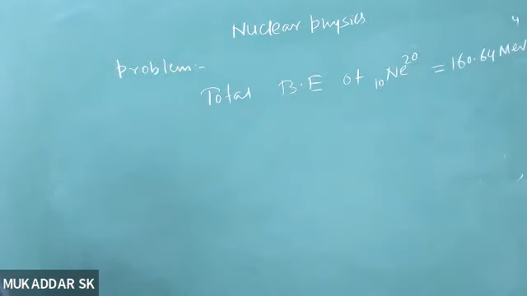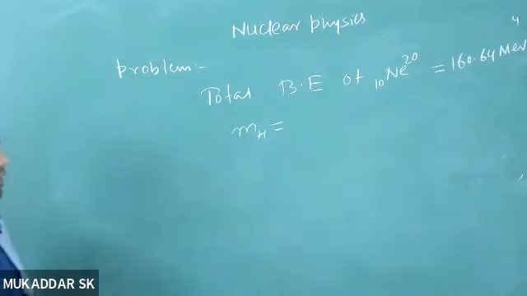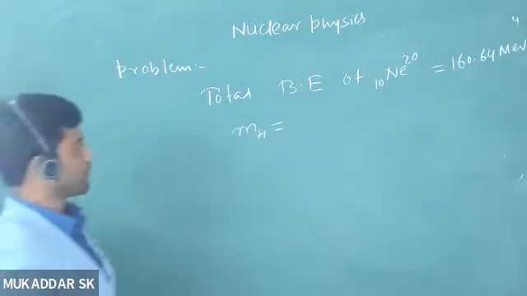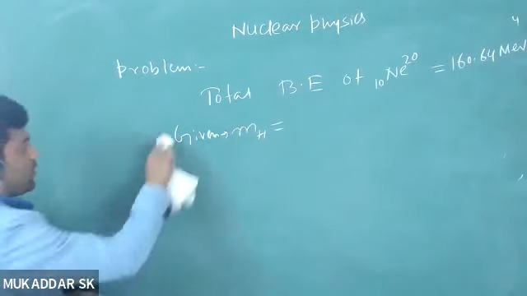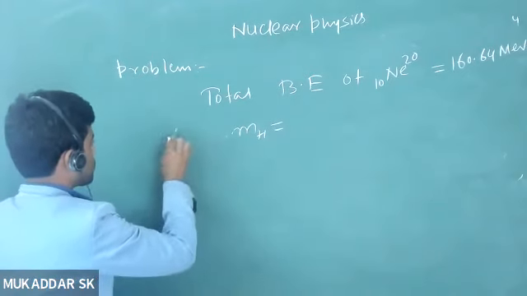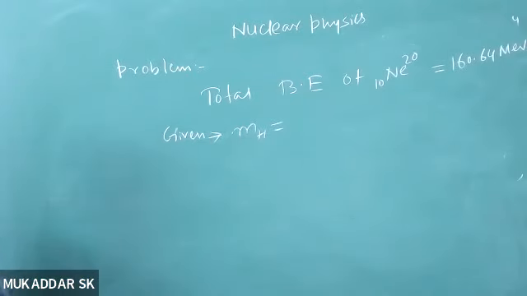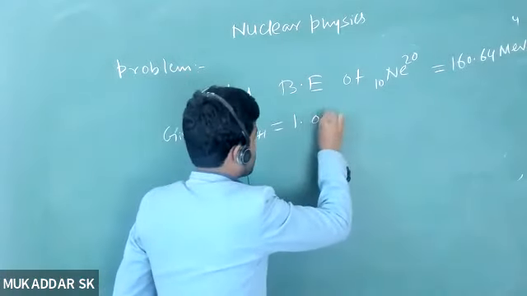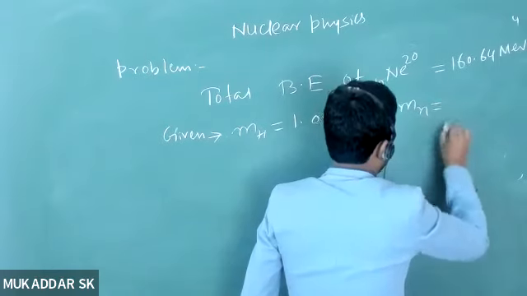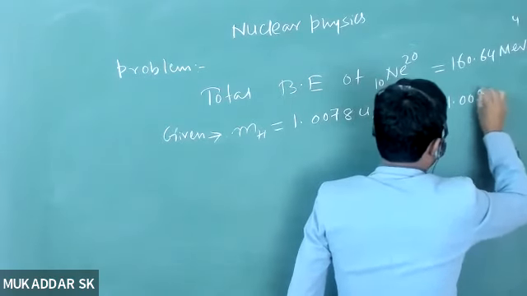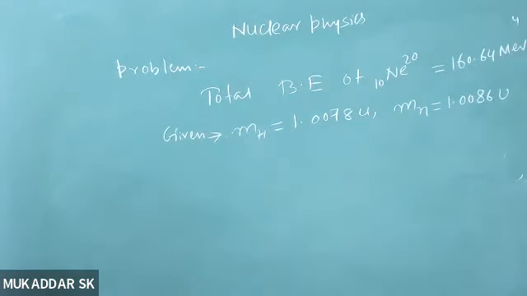And also they have provided the mass of a hydrogen atom. Remember, it is given the mass of a hydrogen atom, and that is 1.0078 U. And also given that the mass of a neutron is 1.0086 U. So what you have to calculate?